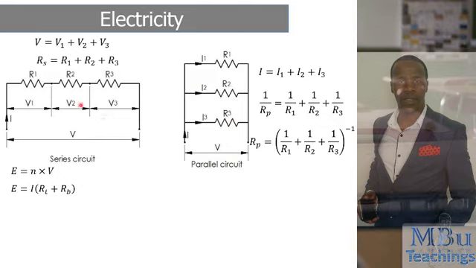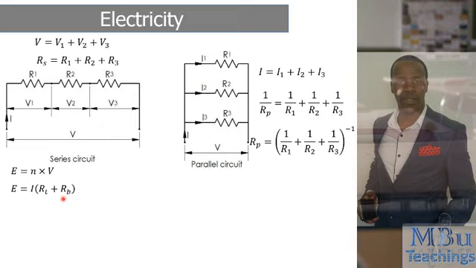If it's only RS, that means this RT will be this RS. If it's only the parallel connection, that means this RT will be the RP. So this RT is just the total resistors that are in that circuit, all of them. If it's a combination, both RS and RP will give you RT.